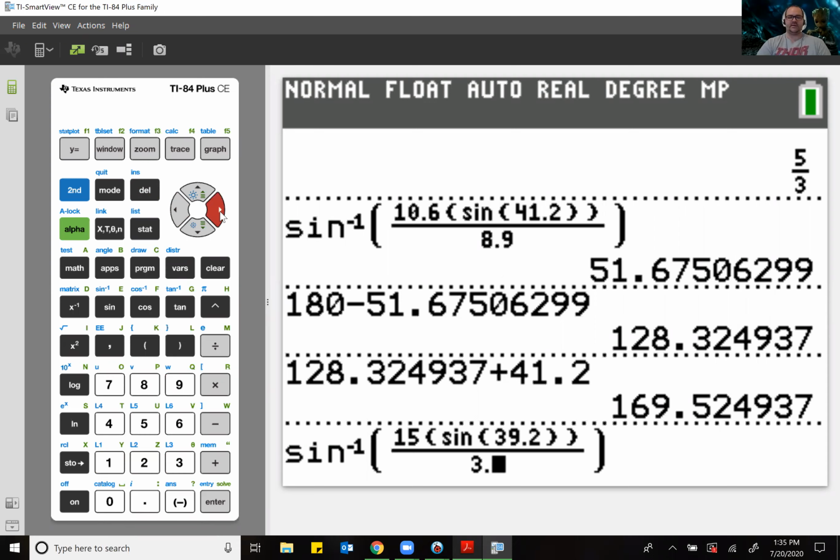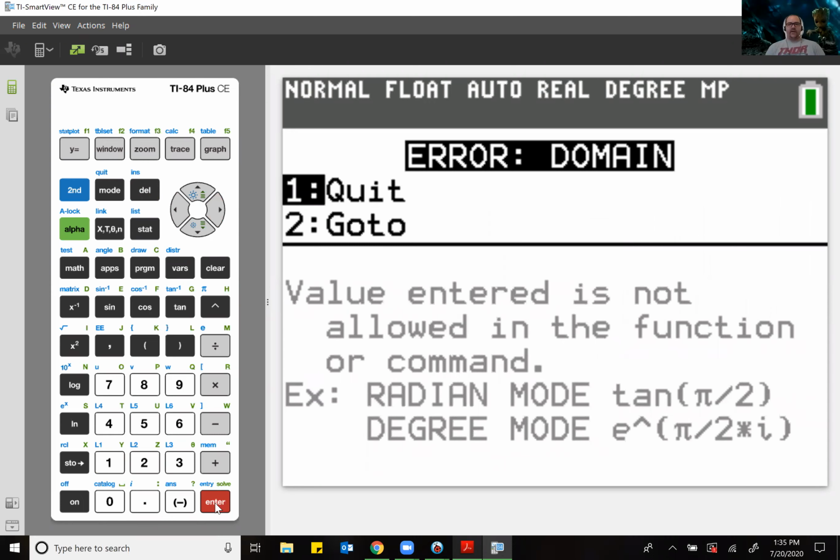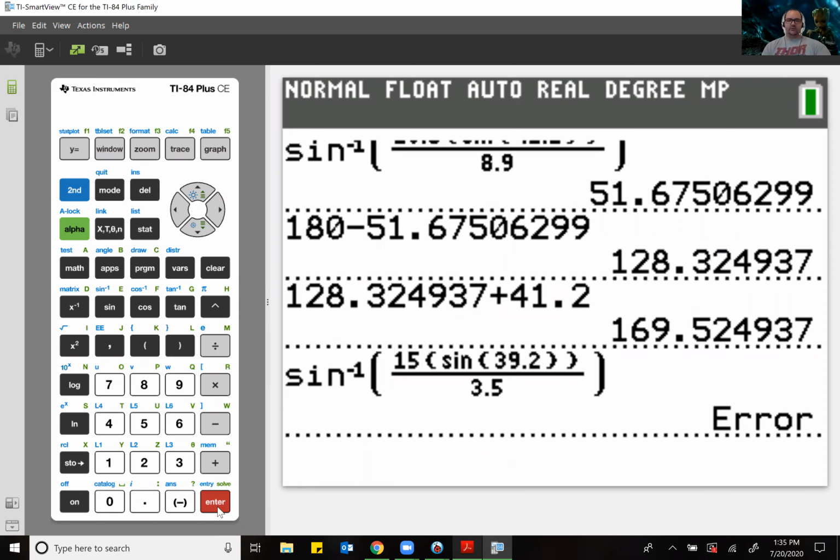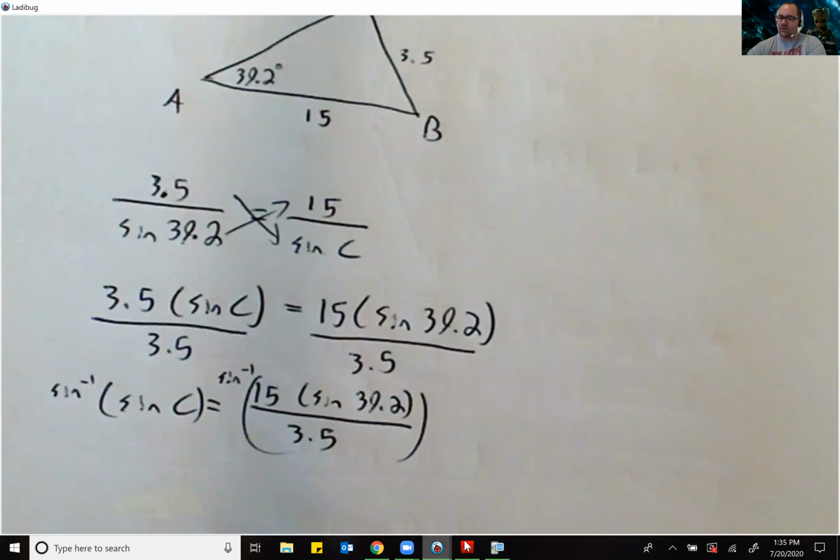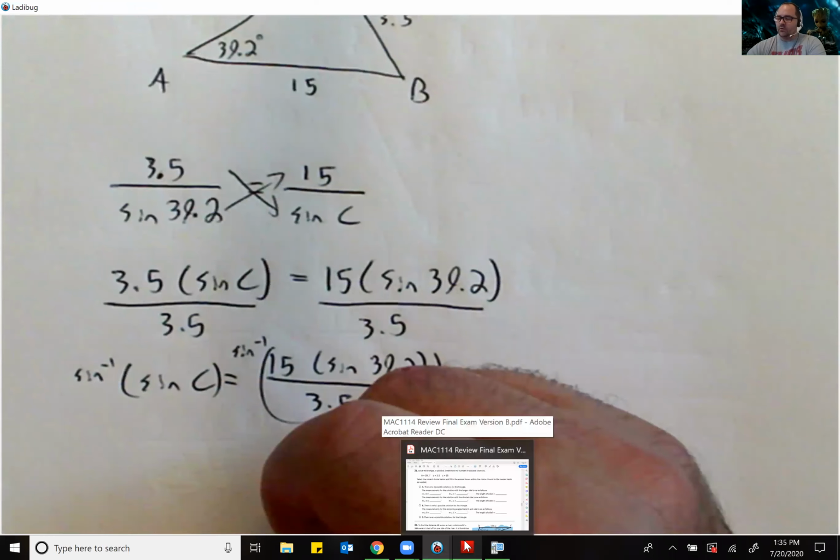Like to scroll out to the side here and enter. Oh, so it says there's an error. So with that, that means we are done. There is no angle C because this does not work. So that means there are no triangles possible for this. Actually, this triangle does not exist, plain and simple. So in the end of this, we say there are no triangles.